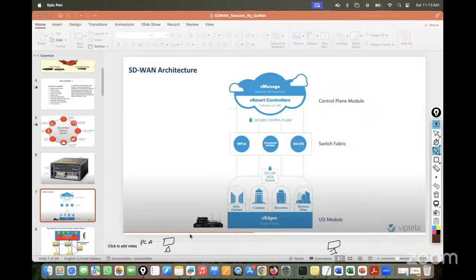This is PC A. This is PC B. This one has the same kind of logic, /24. This one has connectivity /24. Now this router is going to connect to this vEdge, and this router is going to connect to this vEdge.